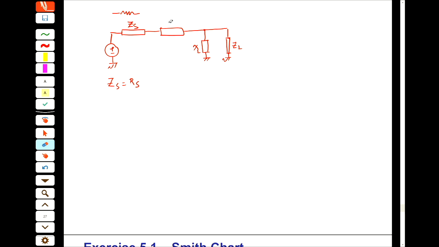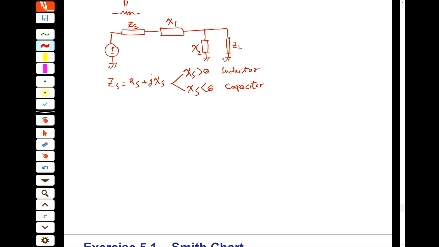If I call this, for example, X1 and this X2. If XS is positive, it means that it is an inductor, and if negative, it is a capacitor.